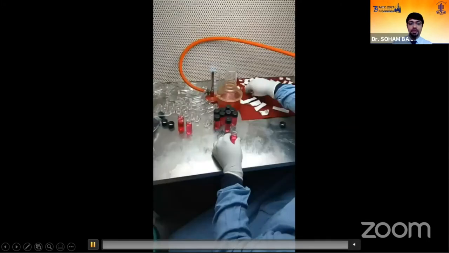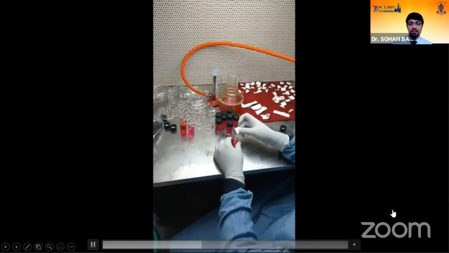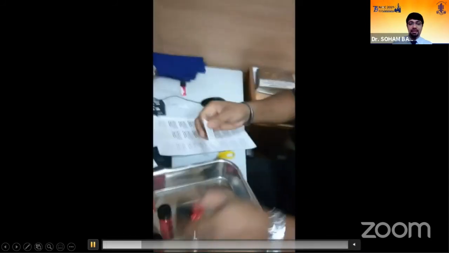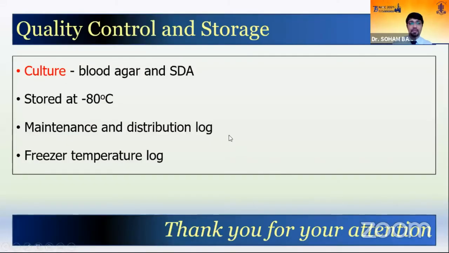And then we put in the amniotic membrane individually. This is then sealed and labeled, and finally stored at -80 Celsius.